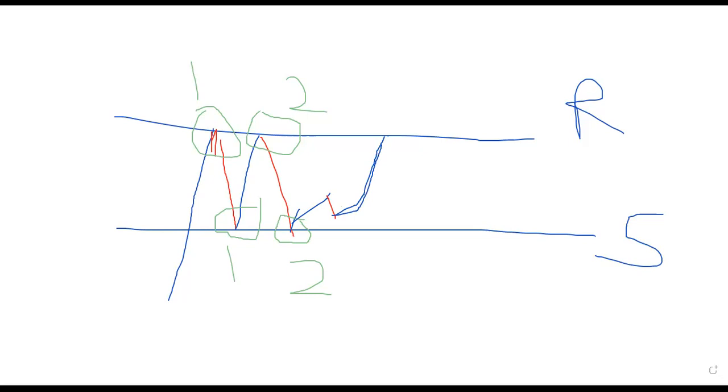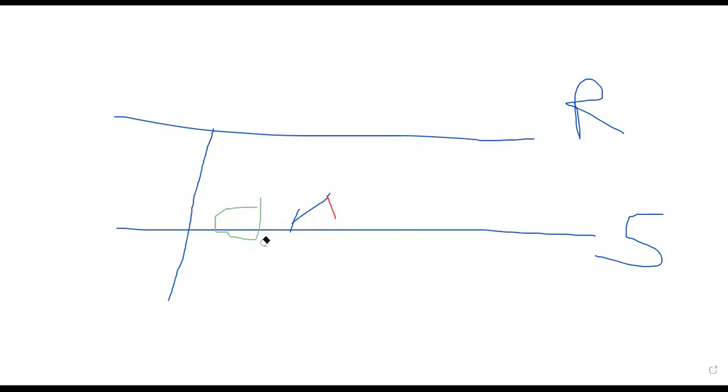What if the condition is not like this? What if you have a buy like this? Sell came down, buy went up, sell came down.